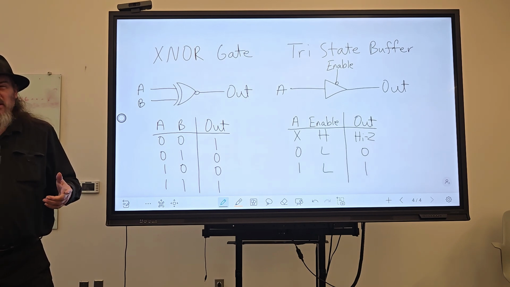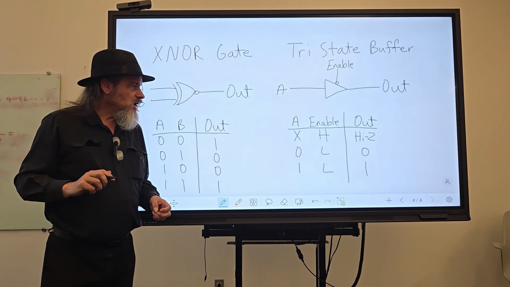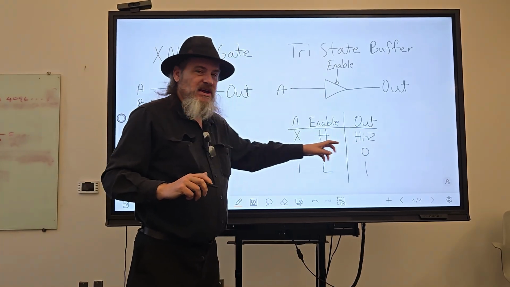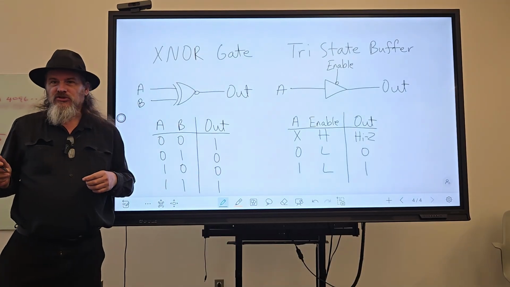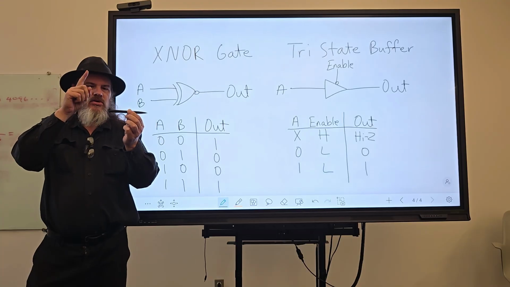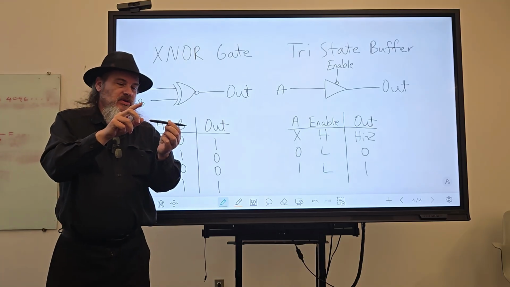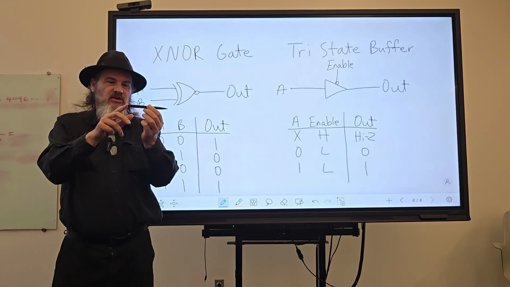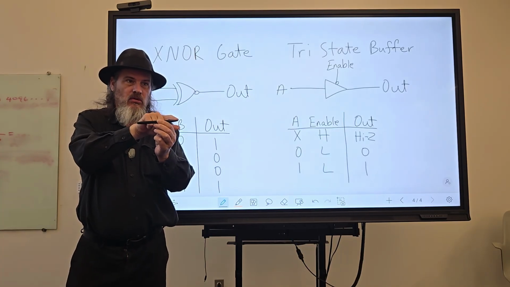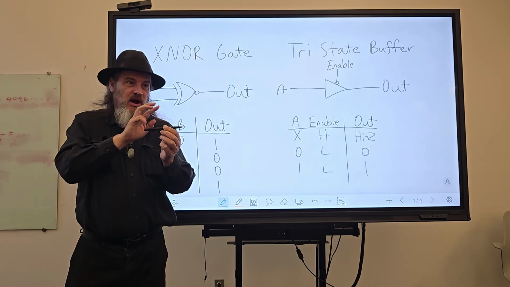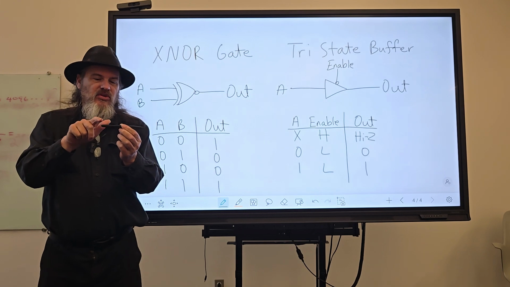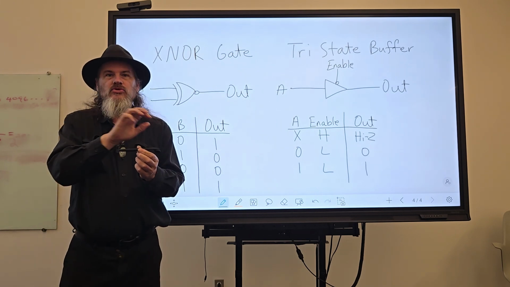I didn't spend a whole lot of time on it, but basically the high impedance state is no connection. Say this is a battery. You have low, the high is positive, low is negative. The third state, the tri-stated state, is no connection at all, no charge.